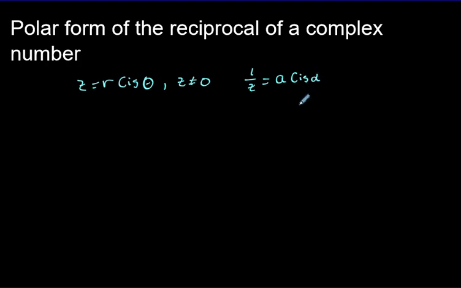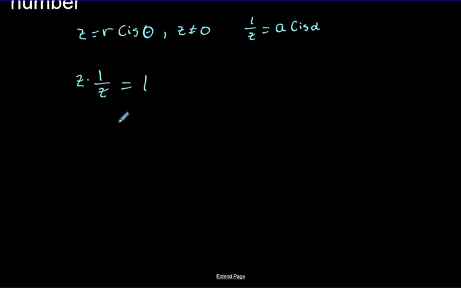other angle alpha. Well, we know that if we take z times its reciprocal, it should be equal to 1. So if that is the case, then z times the reciprocal is r cis theta times a cis alpha, but that's got to be equal to 1.